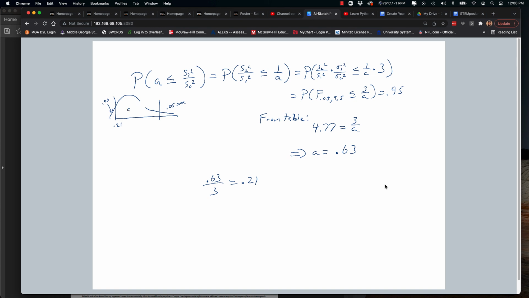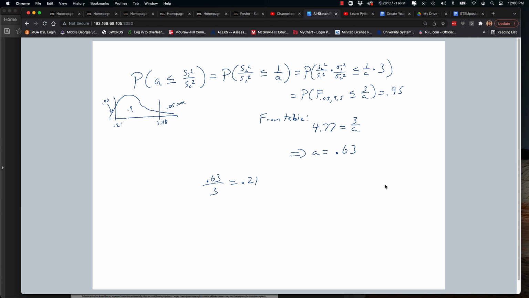There's 0.9 in the middle. Now, this is kind of looking at the problem in a different way, not the answer to this particular thing. But in the upper part, the F score was 3.48. So between 0.21 and 3.48, there's roughly 90% of the curve that fits between those two values. And you could prove that in R, but we won't do that for now.